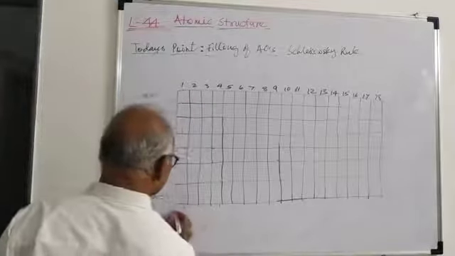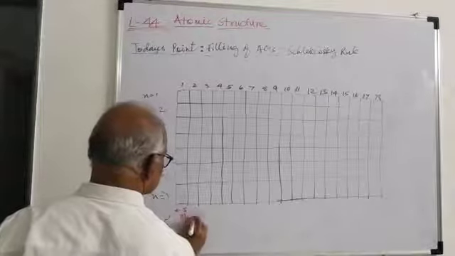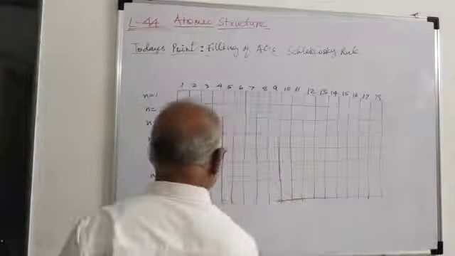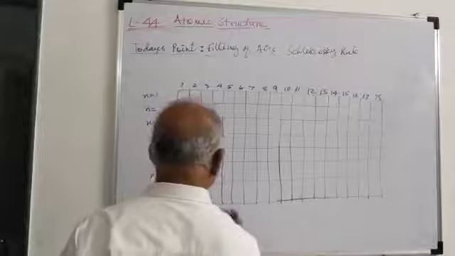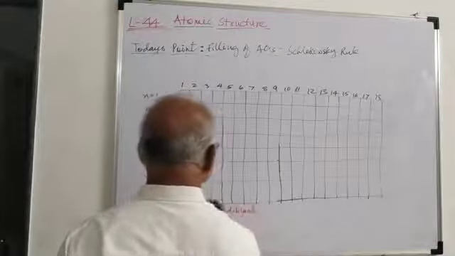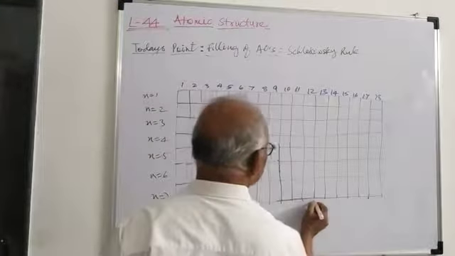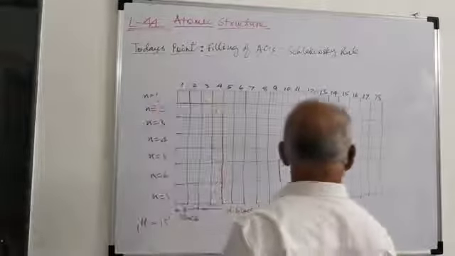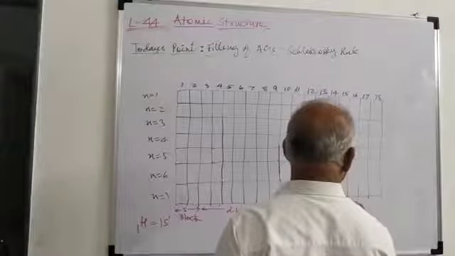We will label these orbitals as s block, s orbitals. Then there are 10 orbitals starting from this, that is d block. So 1, 2, 3, 4, 5, 6, 7, 8, 9 and 10. So up to this is d orbital. Then from this to this there is p block.